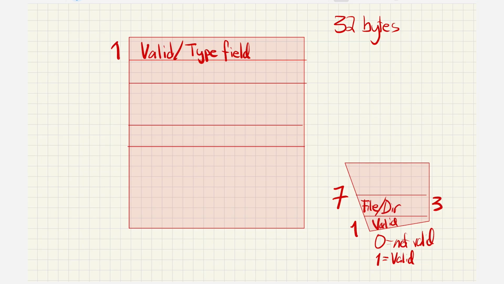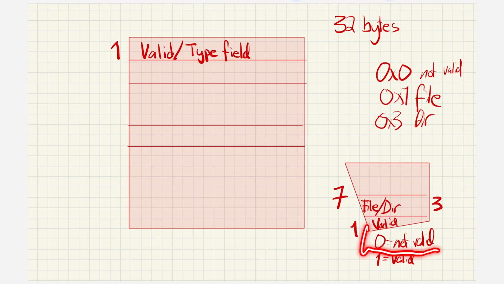So this valid/type field will either be 0x0 if it's not valid, it will be 0x1 if it's a valid file inode, or it will be 0x3 if it's a directory, because we can't use 0x2 because that would make this valid field 0, which means it's not valid.